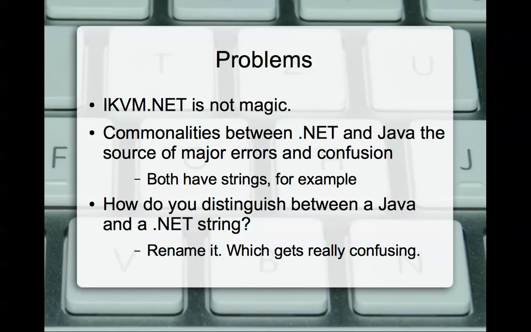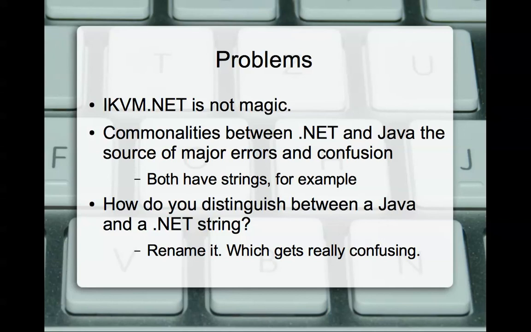IKVM, there are problems with it. It's not magic. It's not perfect. As well as it does work, there are issues, especially when you encounter things. Interestingly, it's the similarities that present the most problems rather than the differences.